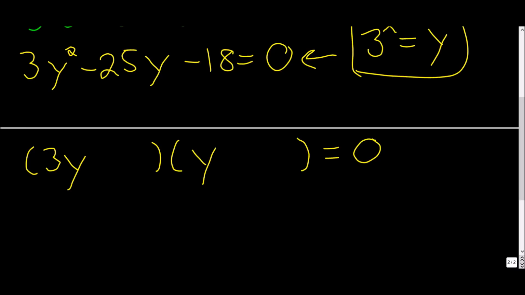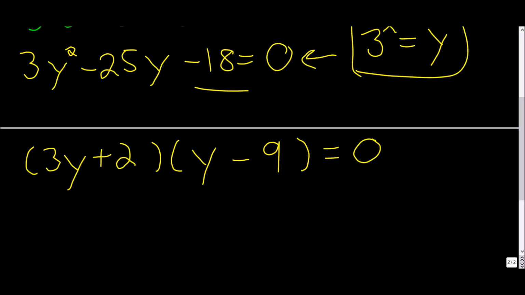If I take negative 9, it multiplies by the 3y to give me negative 27y, and then I add 2 times y back, I get my negative 25. So this is the correct way to factor this, because again, my 2 times negative 9 is going to make negative 18.